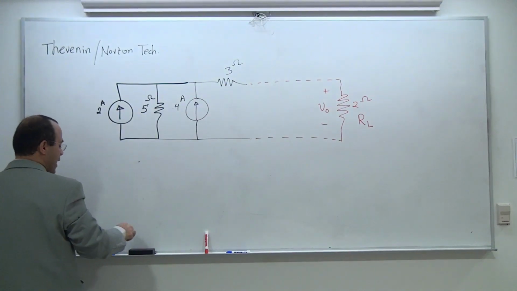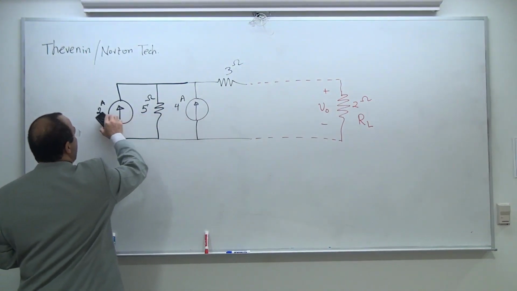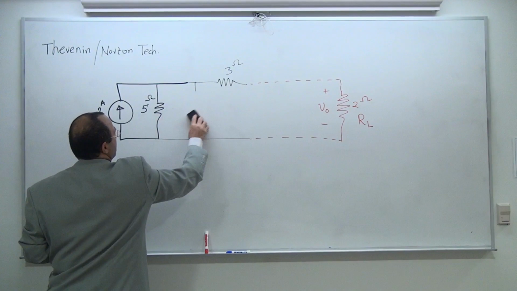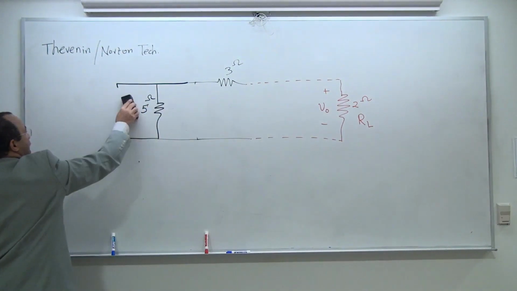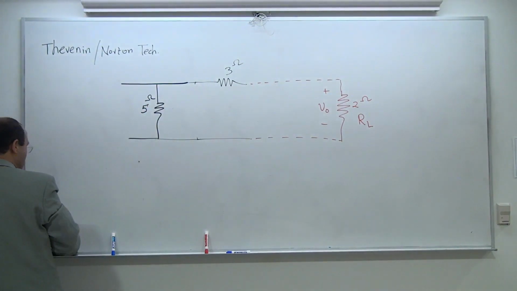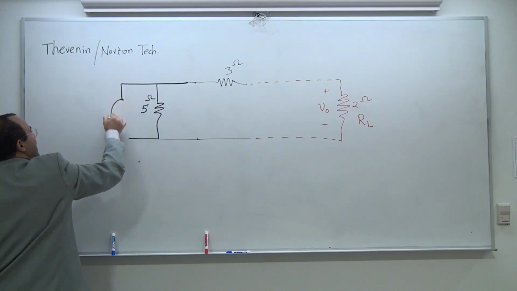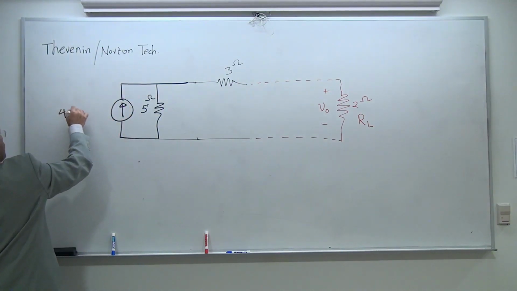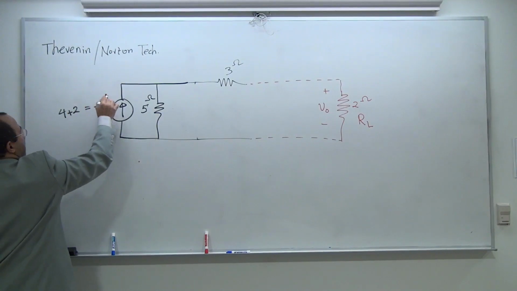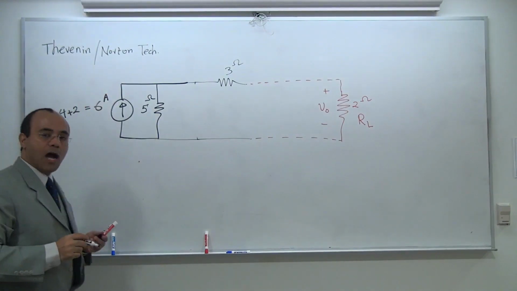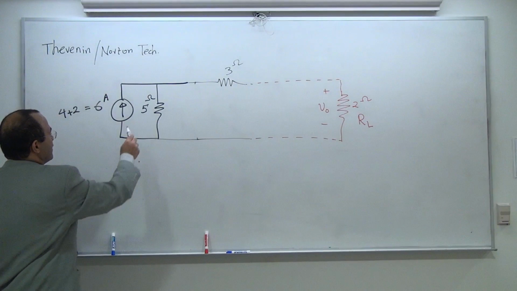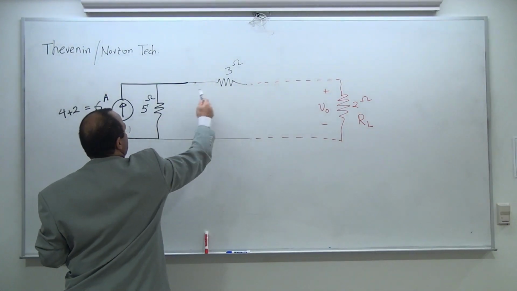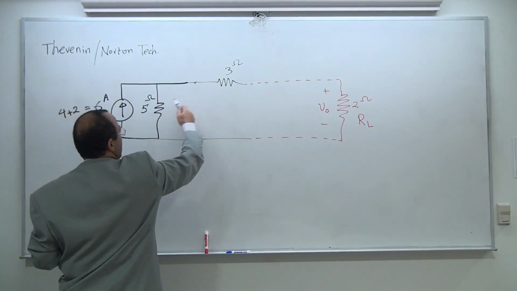I can do that because they are in parallel, so I pre-check that. Are they in parallel? Yes. Then I go ahead. 4 plus 2, that's going to be 6 amp. I'm a step closer now. This and this cannot interact because they are not in parallel or series.